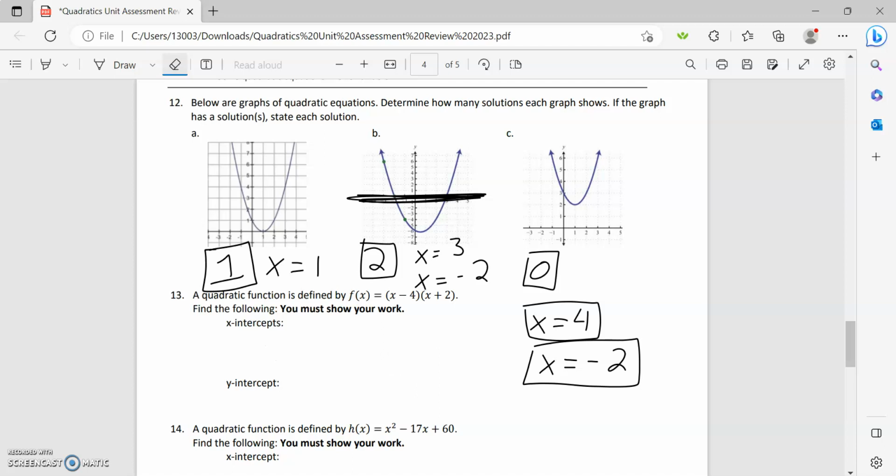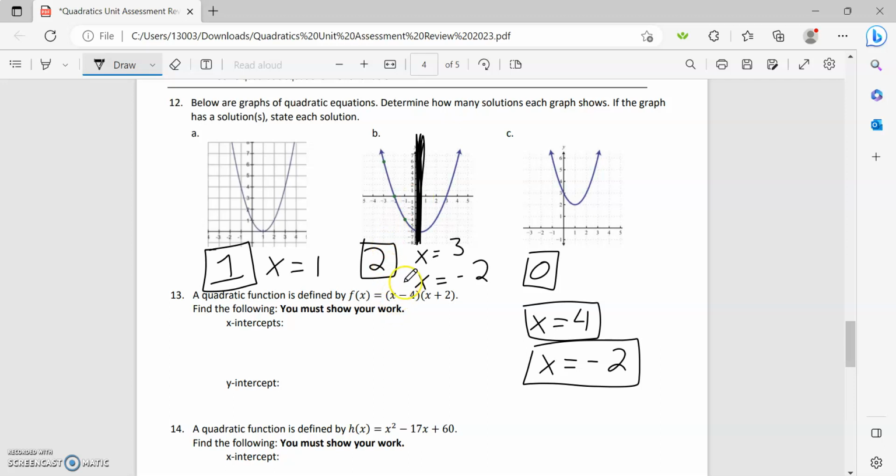The other thing 13 is asking is, what are the y-intercepts? Well, again, graphically, let me erase that stuff. Graphically, the y-intercept is where I cross the y-axis. That's even easier than the x-intercept, because for the y-intercept, all I'm doing is plugging in 0 for x in my equation.